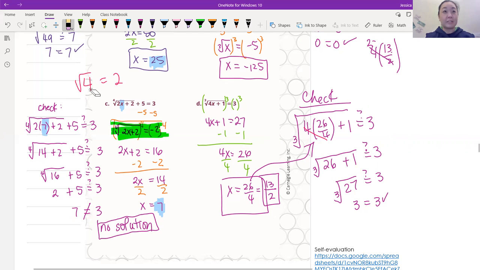Well, okay, if you have a negative on the outside of the square root, then yes, this would be a negative 2, because that's on the outside. It has nothing to do with the square root. The square root of 4 is 2. But if we put a negative on the outside, yes, it would be negative 2, but that's not part of the square root. So there's that. Hopefully I didn't confuse you guys completely. Sorry. All right. So again, when we get to something like that, it's no solution.